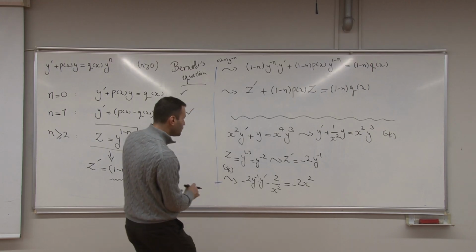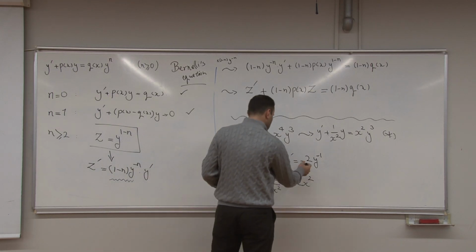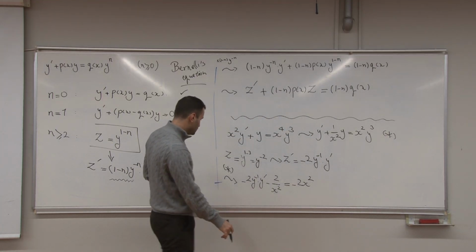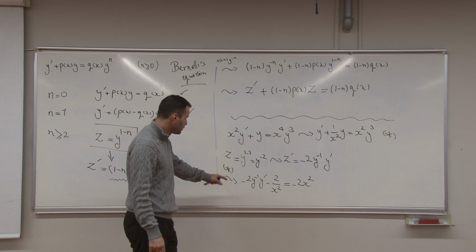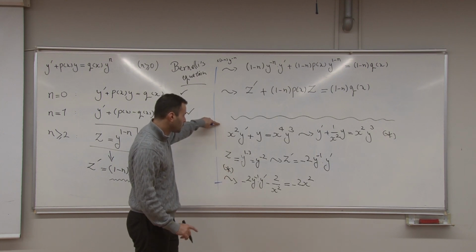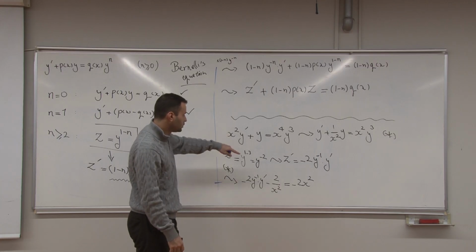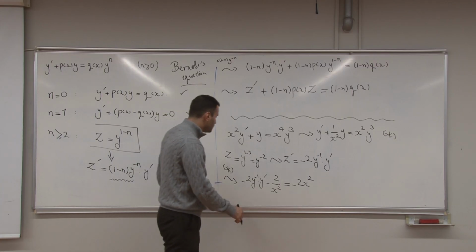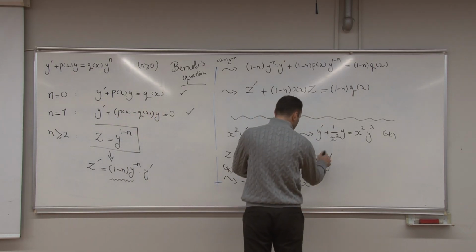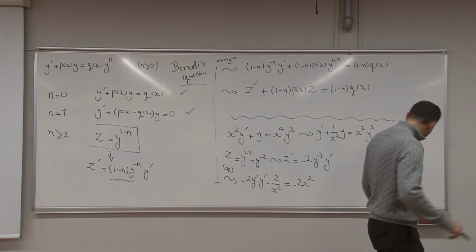Something is wrong. I'm just going to multiply everything with minus 2. I'm missing something, right? This is going to be minus 2, minus 3.